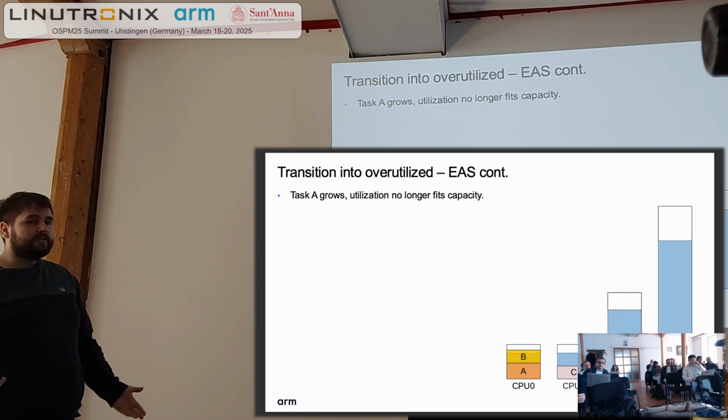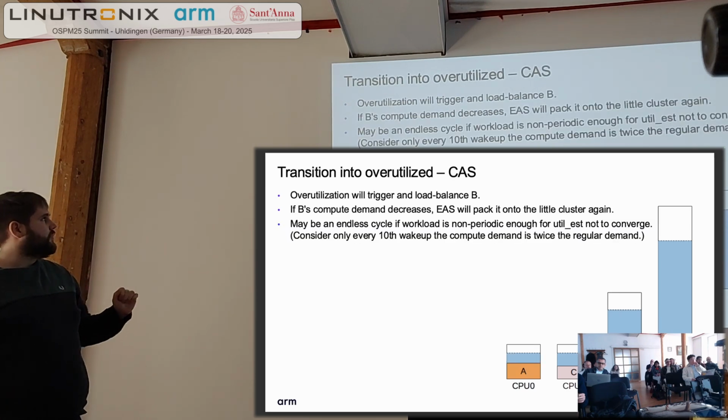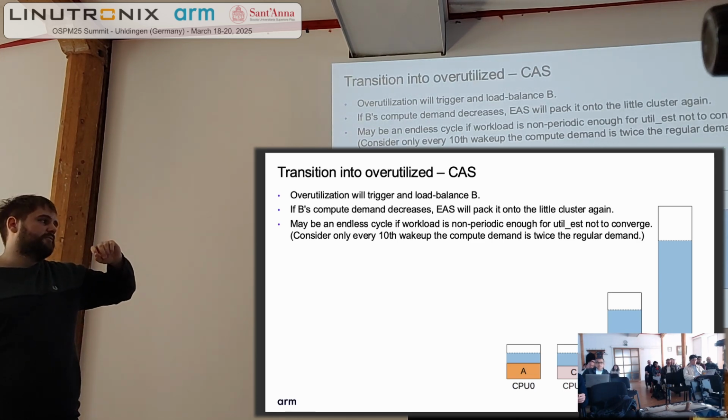So overutilized will detect this, at least at tick. CAS will kick in and potentially place either A or B, probably actually B because it has lower utilization, so it uses less energy. Anyway, that's what could happen.